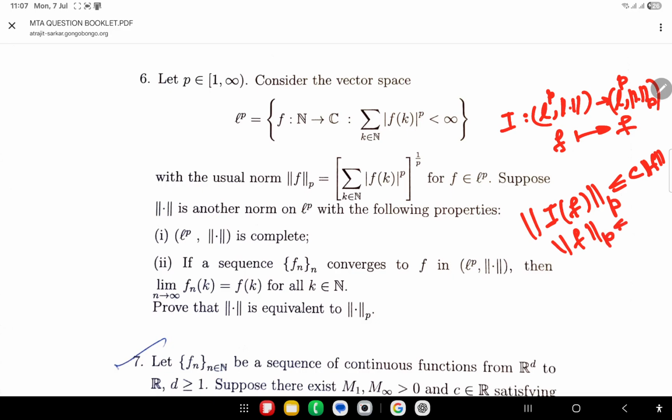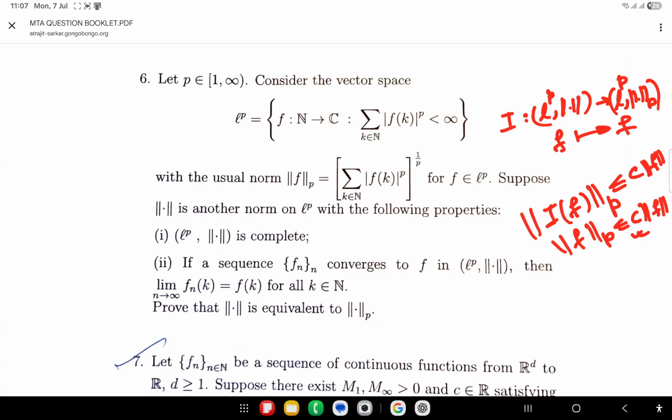So we get a constant that gives the upper bound required for the equivalence. The lower bound will come from proving that the inverse of the identity function is also continuous. That is our goal, to prove the equivalence.